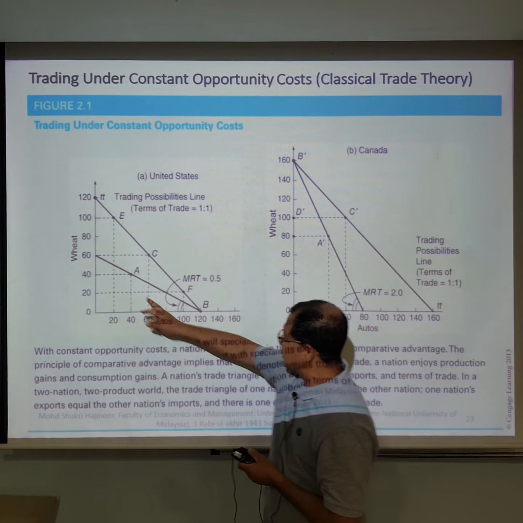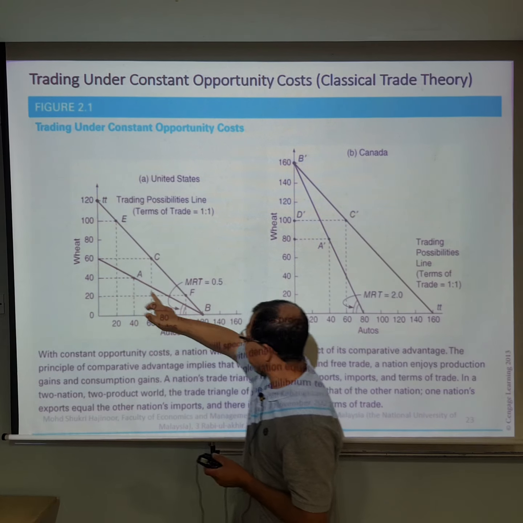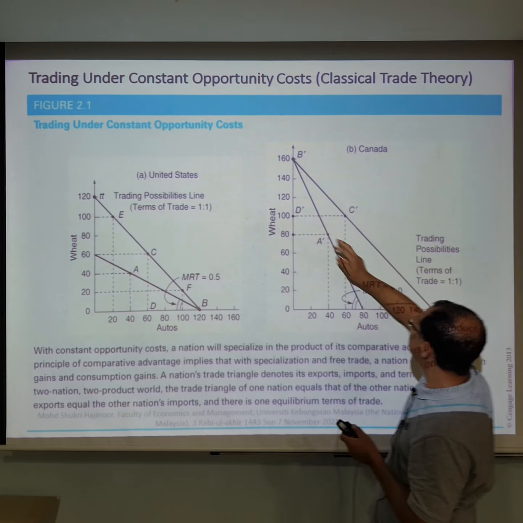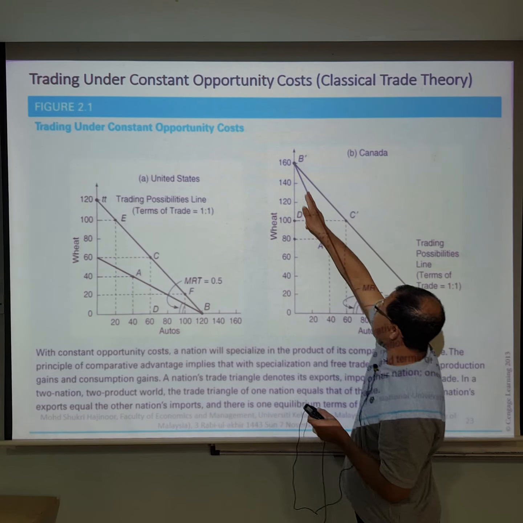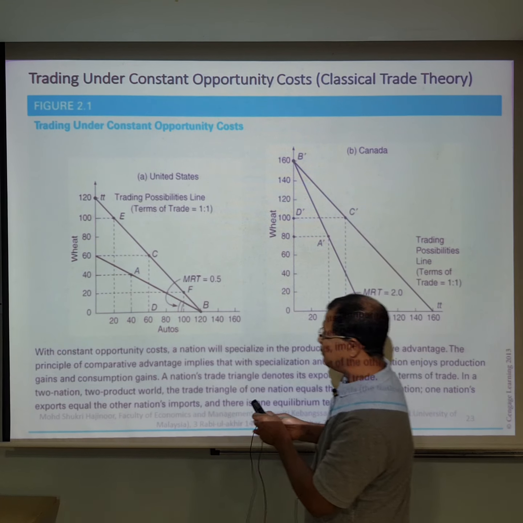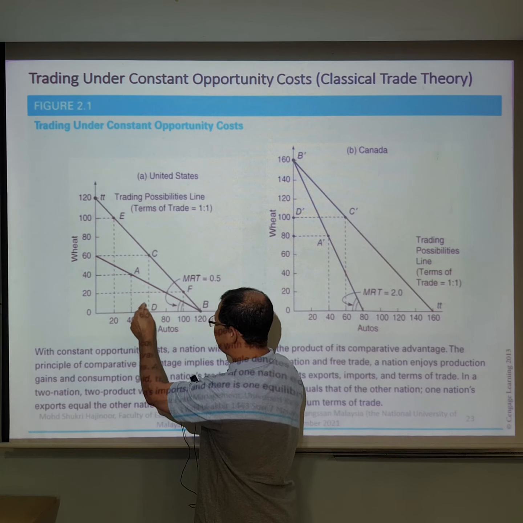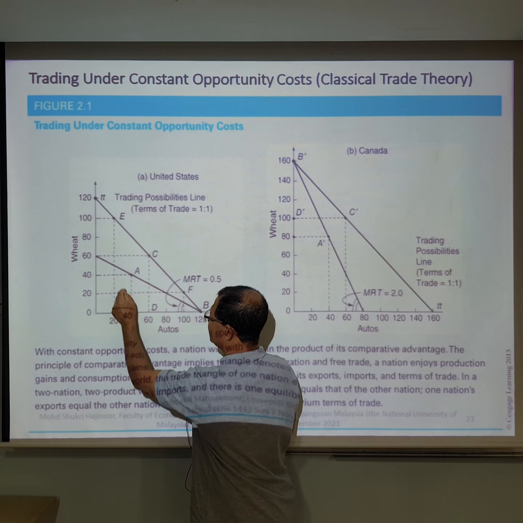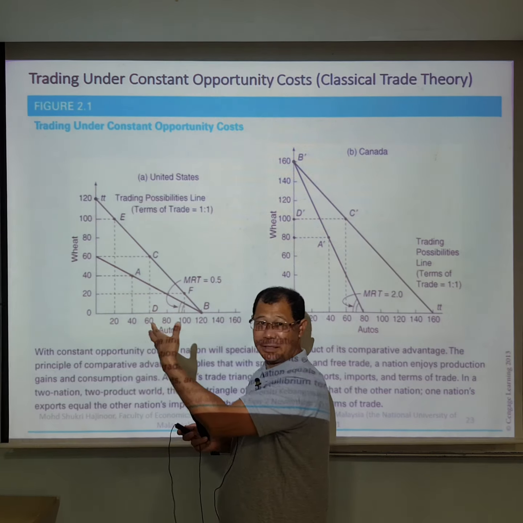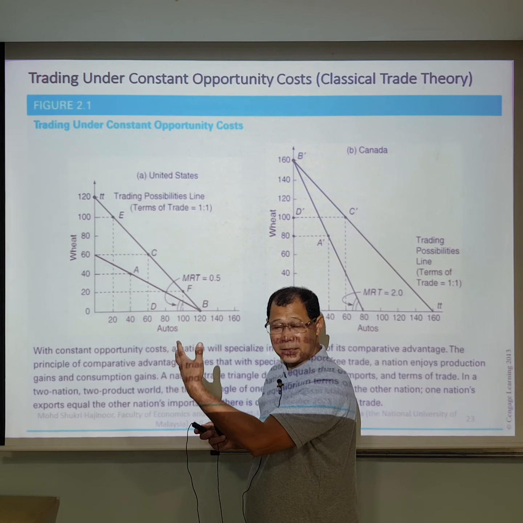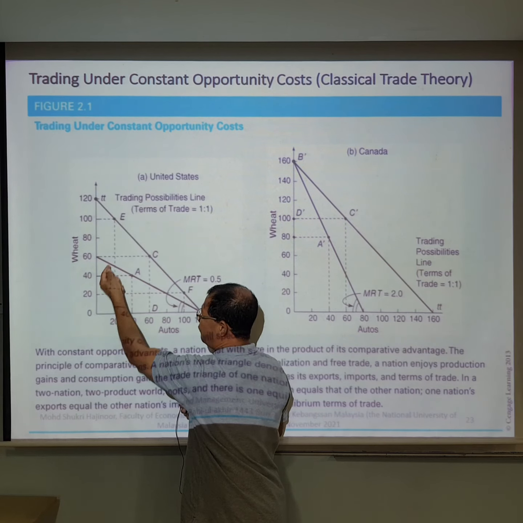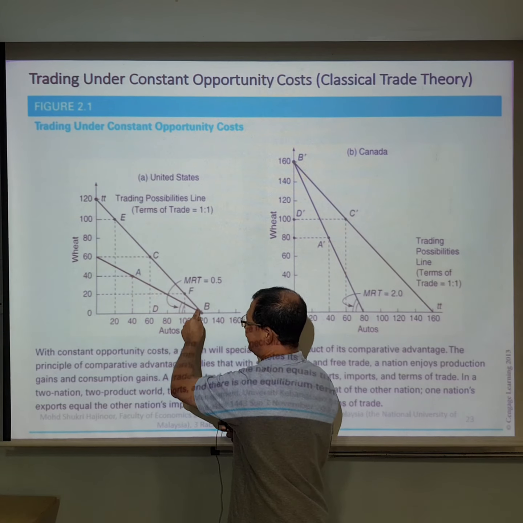This is the PPF for the United States. This is the PPF for Canada. The production possibility frontier says that we can have a combination somewhere here, this point. But it's not fully using the resources, so it can produce more and more. So it ends up here.